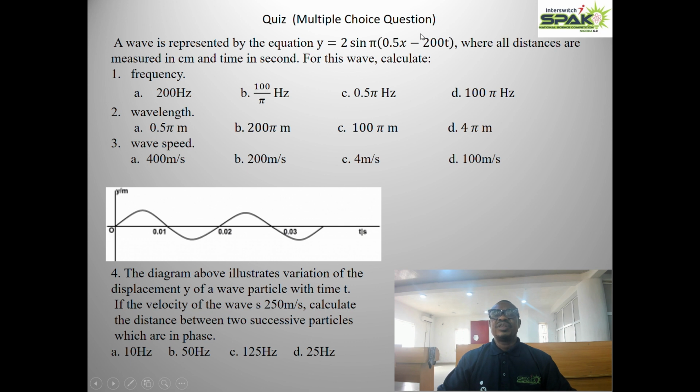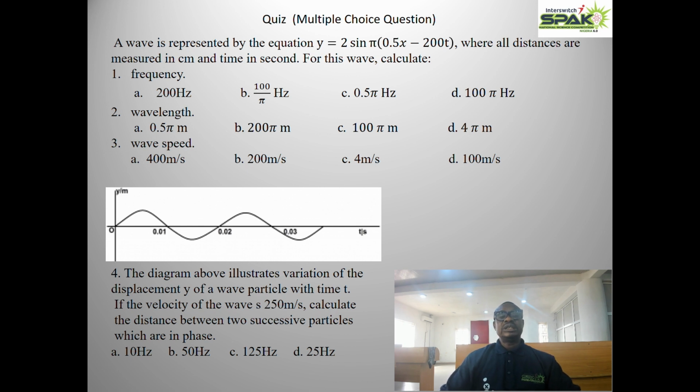So take everything here, equate it to 2 pi ft is equal to 200t. I can say omega t is equal to 200t. T cancels t. Omega is equal to 200. Then your omega is equal to 2 pi f. Make f the subject of the formula. Then you can. Number 2, your wavelength.